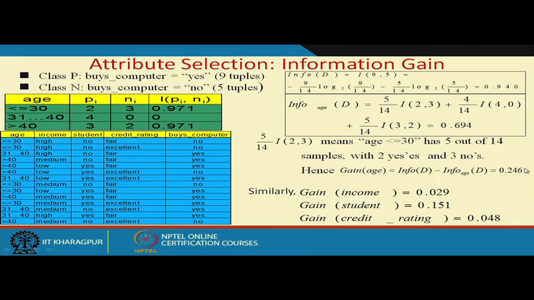It is not only that: with respect to each of the input variables, income, student and credit rating, you have to find out these values. Out of these values, whichever is the highest, in this case it is age, you take that as the root.